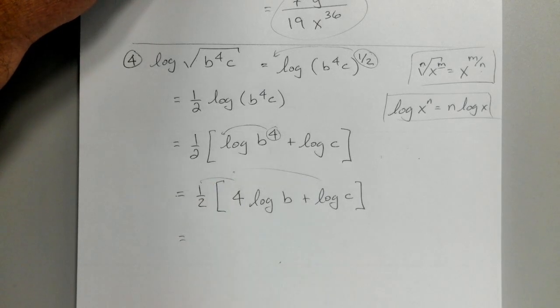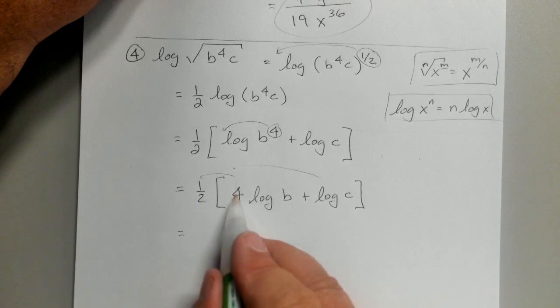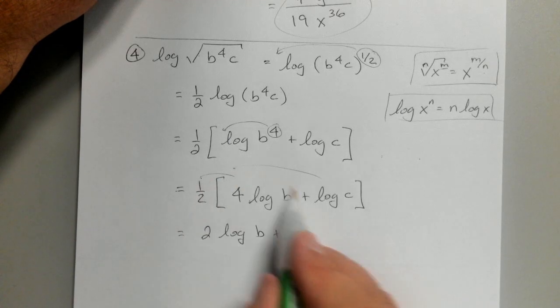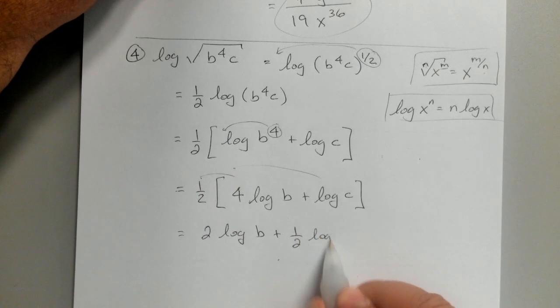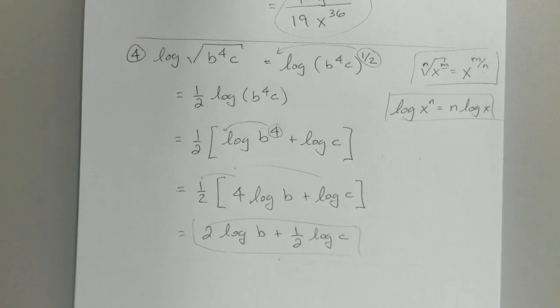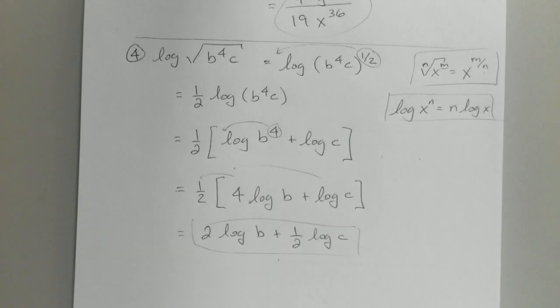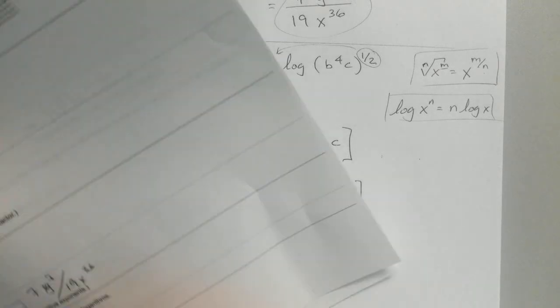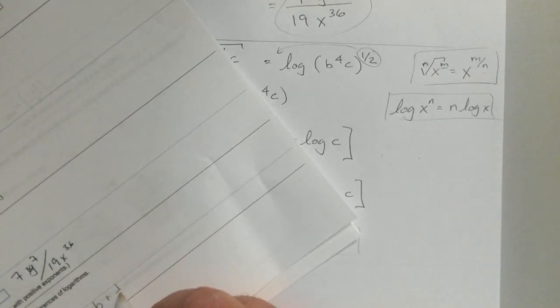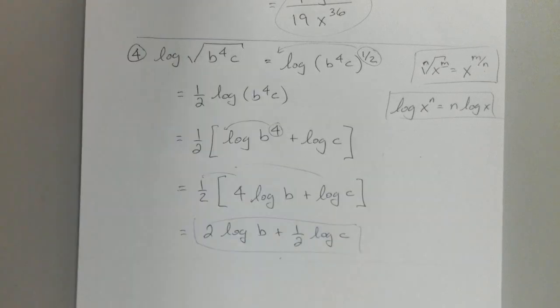And distribute to get rid of the parentheses. 1/2 times 4 is 2. 1/2 times 1 is 1/2. There's our answer there. 2 log B plus 1/2 log C.